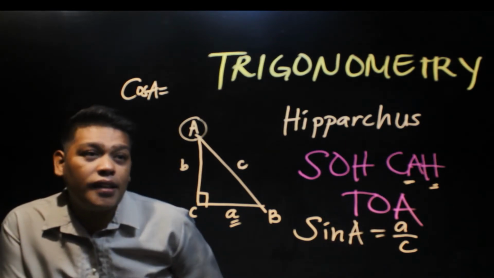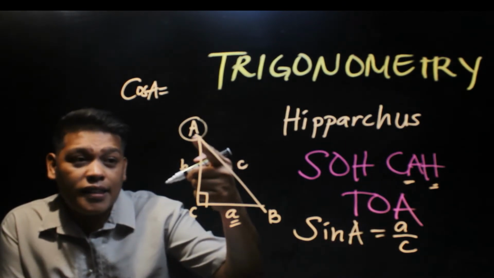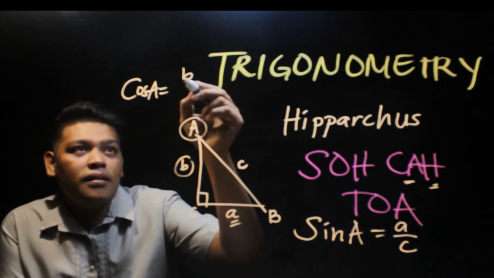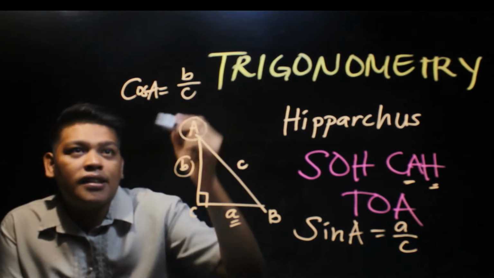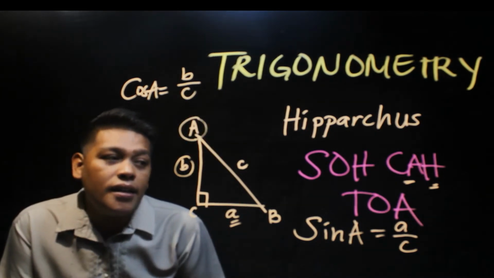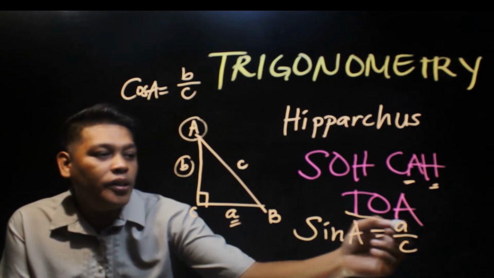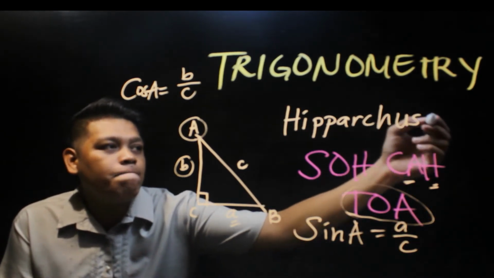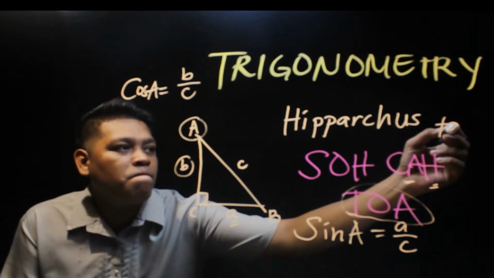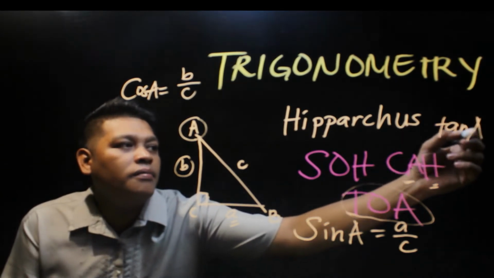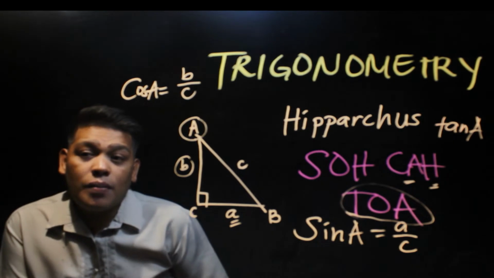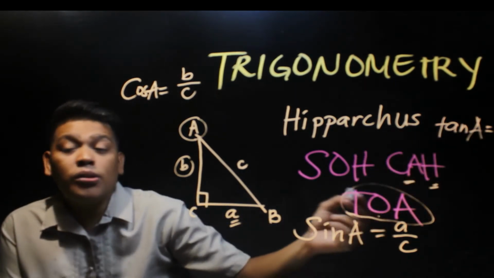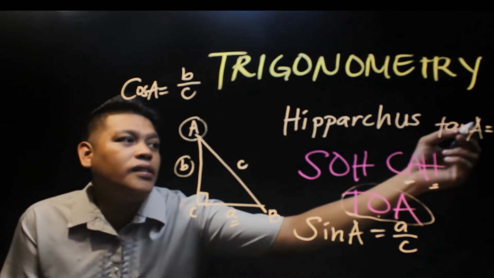When you say adjacent, if this is the angle A, the adjacent side is B. So B over C, that is the cosine A. And the TOA, for the tangent: tangent A is equivalent to opposite over adjacent.